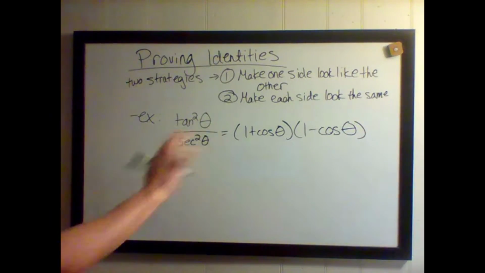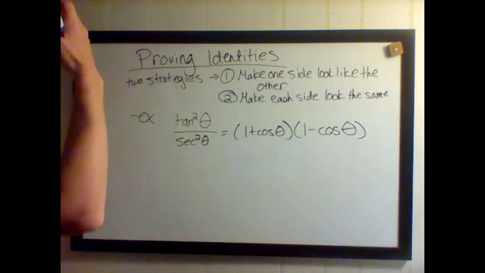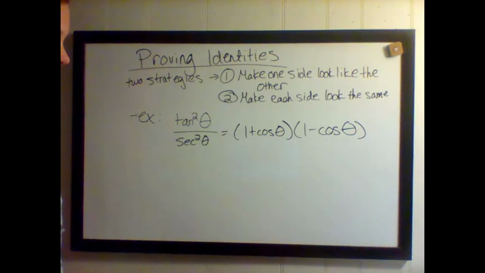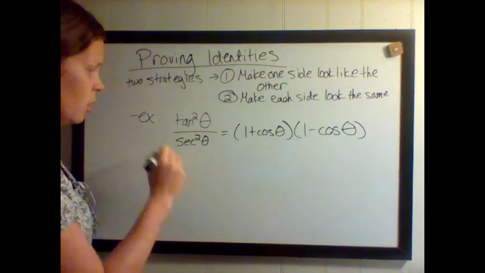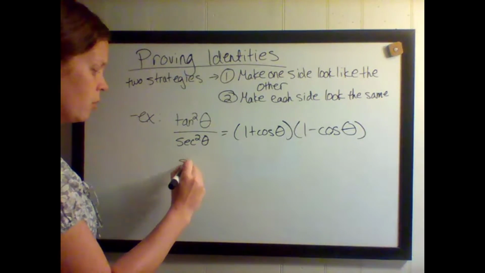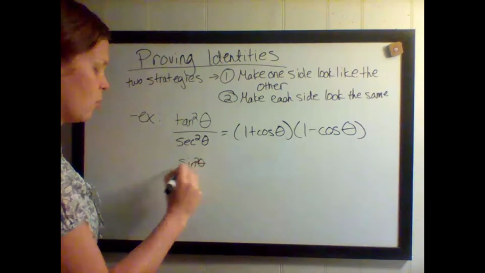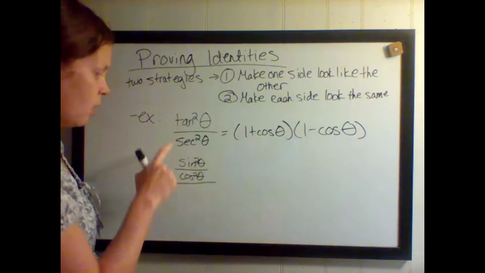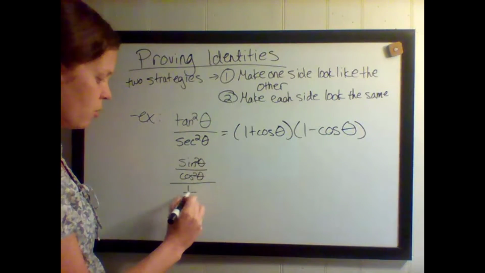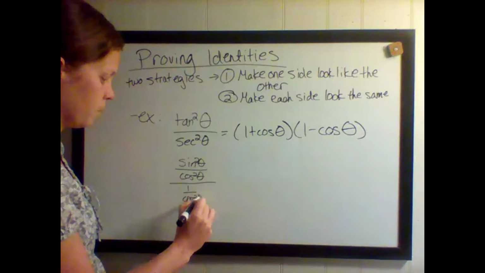So in this one, it looks like there's kind of a lot going on both sides, so I'm going to try to simplify on both sides. On the left side, typically when I see tangent, I'm going to rewrite that as sine over cosine. So sine squared over cosine squared, all over secant squared, which is going to be 1 over cosine squared.